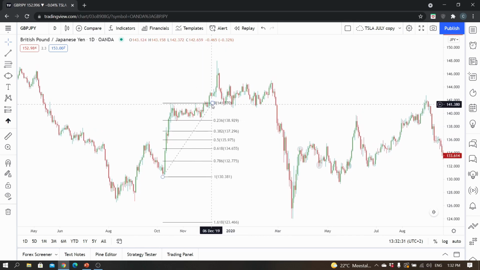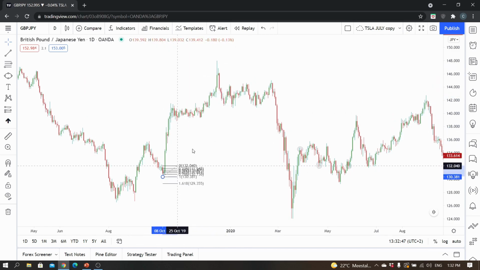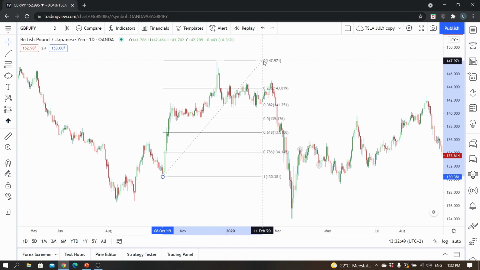And when this happens and it did not retrace further than the 382, so replay that in your head, you draw this and it did not retrace further than 382, you can actually extend it. The same one from that same low, you can extend upwards.